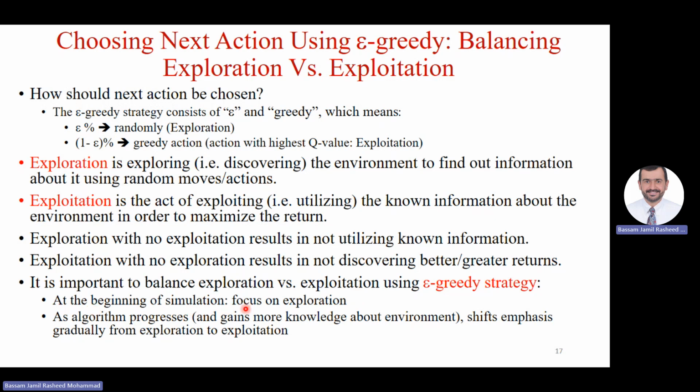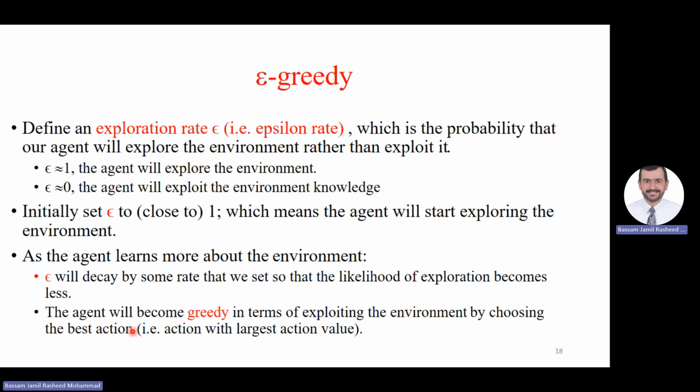So at the beginning of the simulation, as we said, we focus on exploration, and as we execute the algorithm and gain more knowledge about the environment, we gradually shift the emphasis from exploration to exploitation. The epsilon greedy policy defines the exploration rate as epsilon, which is the probability that an agent will explore the environment.